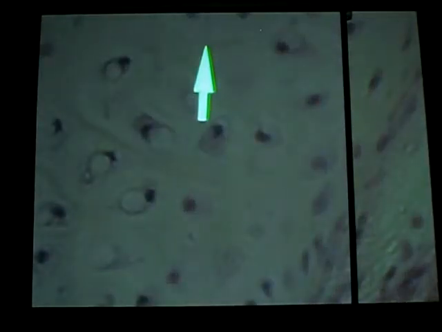Again, I could ask you to classify the tissue here. That's our hyaline cartilage. You have your cartilage, you have your pseudostratified epithelium as well, which is ciliated. You're also going to find some goblet cells in here.